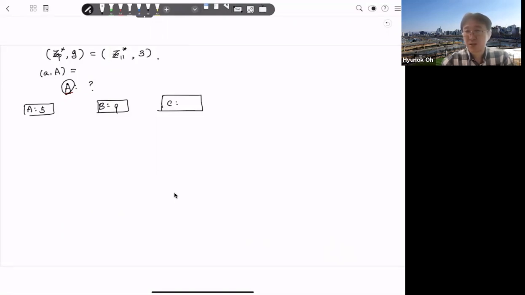You're just choosing a number and then computing the exponentiation. So there are only two.